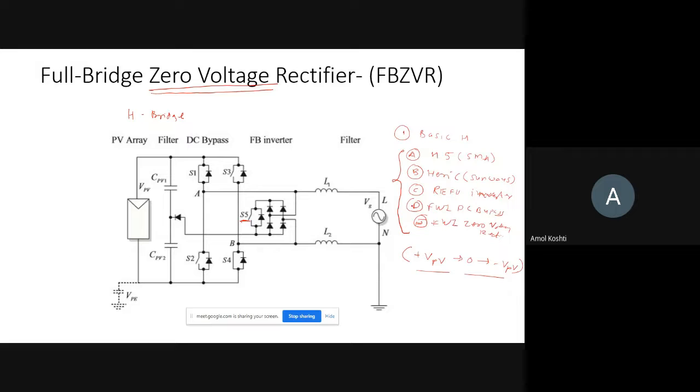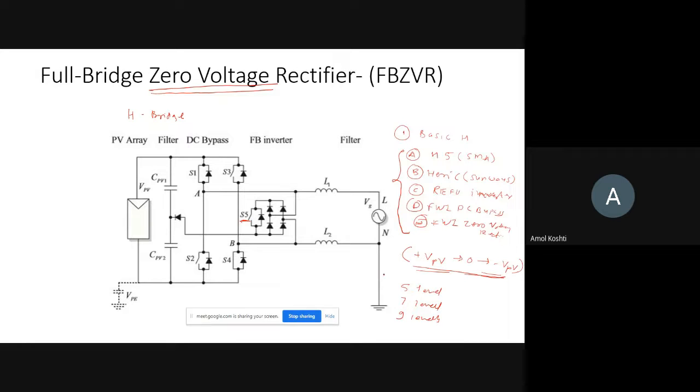Whatever the modifications, no doubt we are going for higher efficiency compared to the previous topologies, but the limitation of the basic H bridge is that we produce a maximum of 3 levels of output only, not more than 3 levels. But we have also learned the multi-level inverters. In multi-level inverters we were producing 5 level, 7 level, and even 9 levels of output.